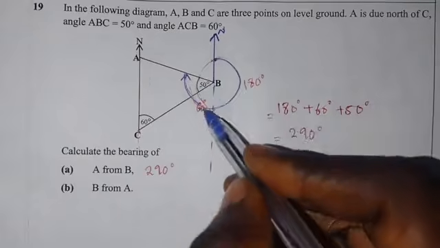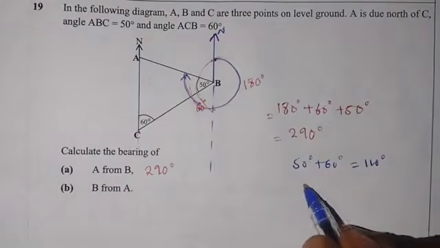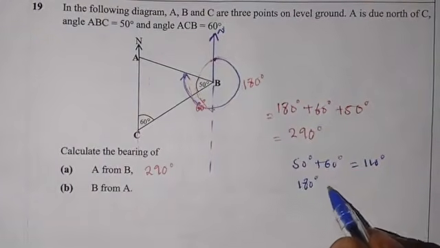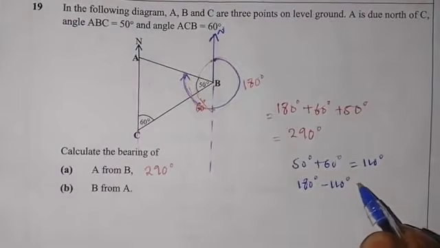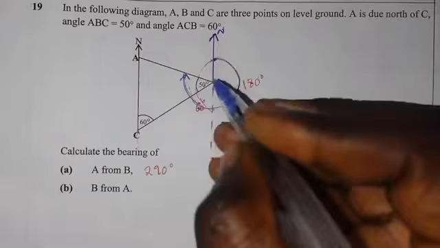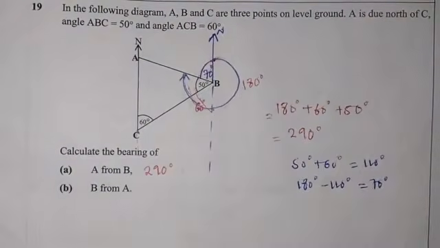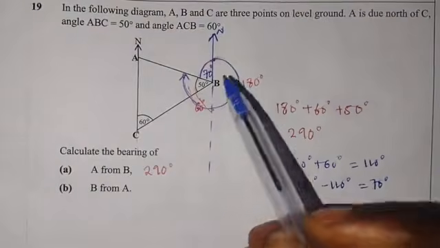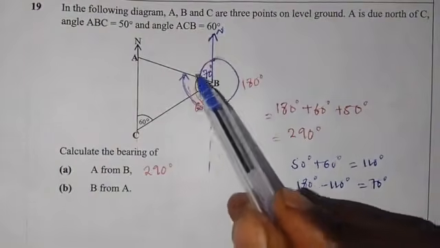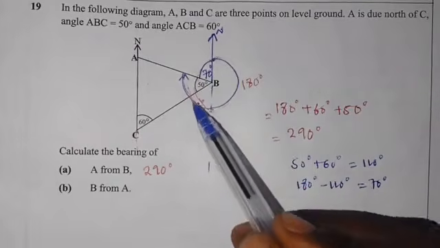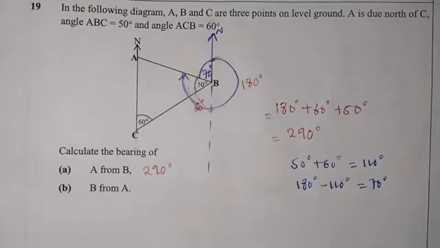So this is 180. To know the angle which will be here, we say 180 minus 110 degrees, and this will give us 70. So here there was a 70 degrees. We can even use this one, meaning if you say 360 minus this 70, we remain with 290, which is this bearing. Even this method is fine.